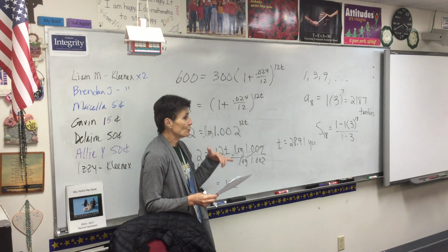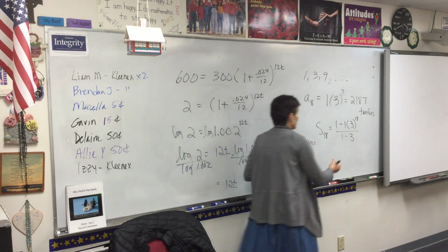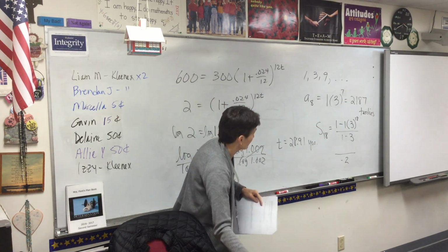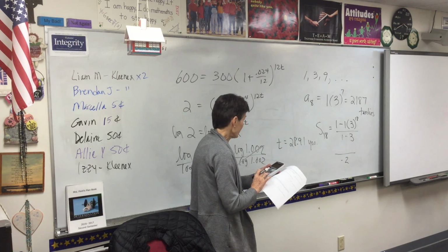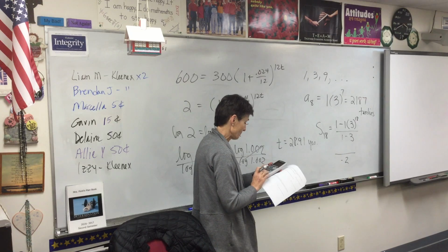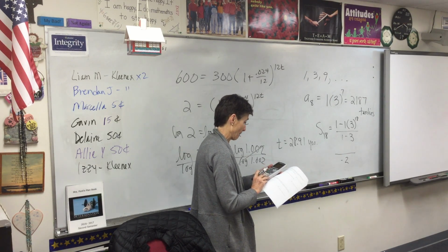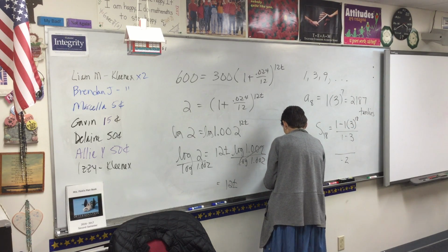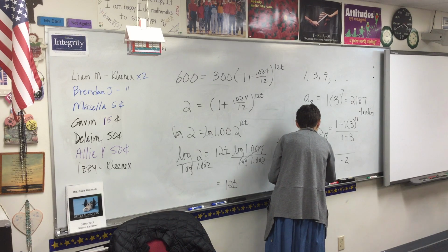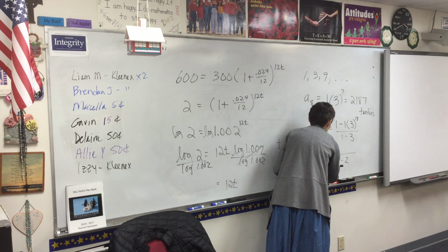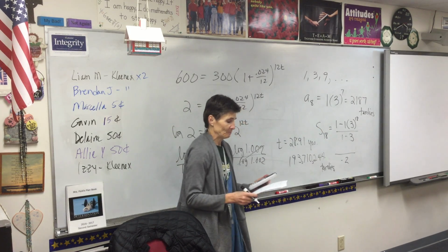Remember, when you do this problem, you want to simplify that denominator. So 1 minus 1 times 3 to the 18th divided by -2. A lot of tardies. A lot. So the answer is 193 million tardies for Sean.